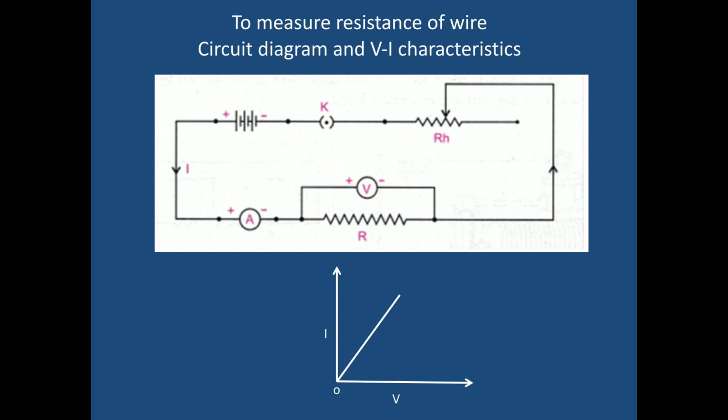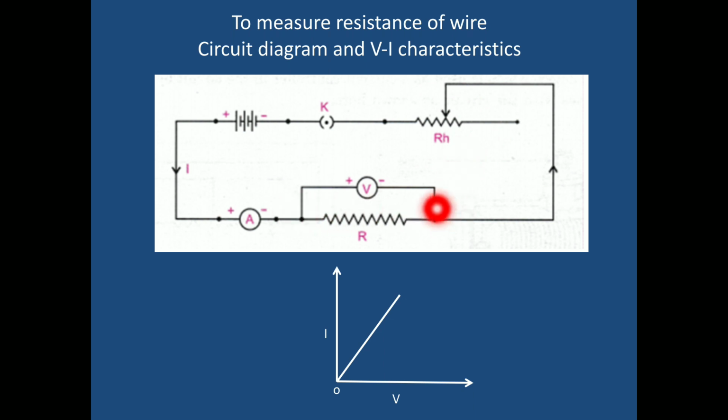Now, to measure the resistance of the wire, we need certain connections, and this is the circuit diagram for it. This is the resistor. The resistor is connected to a battery source through a rheostat. With the help of the rheostat, the potential across the ends of the resistor will vary.